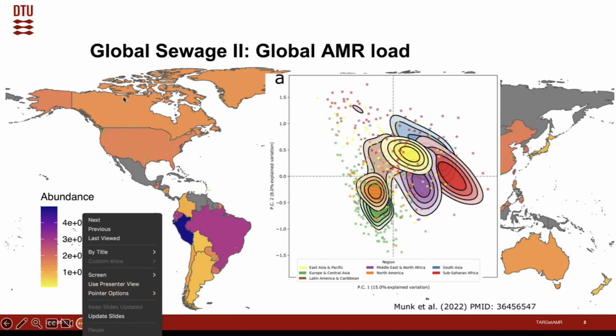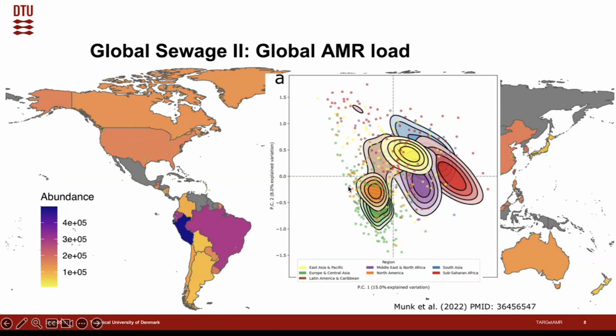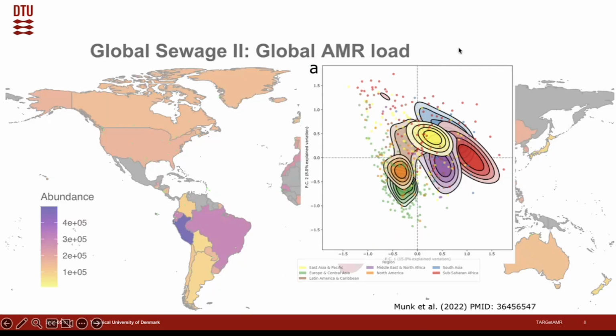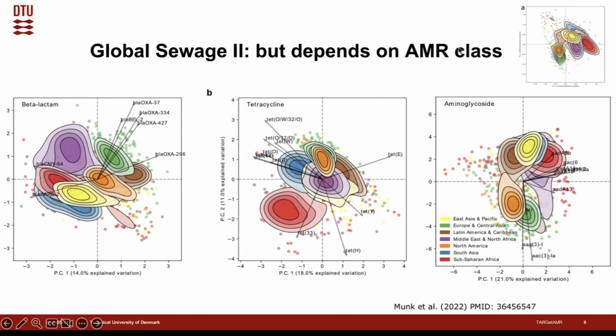Anyway, we can see that East Asia is closer together with the purple ones, which are Middle East and North Africa, Sub-Saharan Africa, and South Asia, whereas the North America and Europe samples are more clustered together. But it really depends on what kind of resistance genes you're looking at.